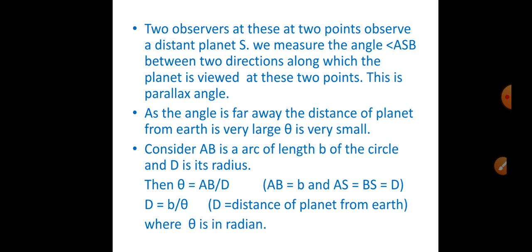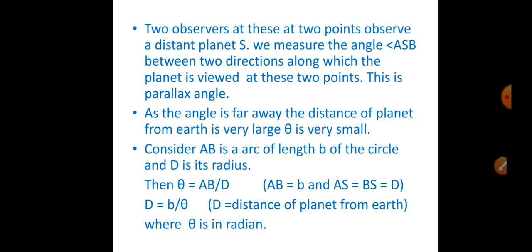Consider AB as an arc of length b of a circle, with D as the radius. For a plane angle, we have arc upon radius. Using this relation, AB is considered as one arc, theta is the parallax angle, that is the plane angle, and D is its radius.